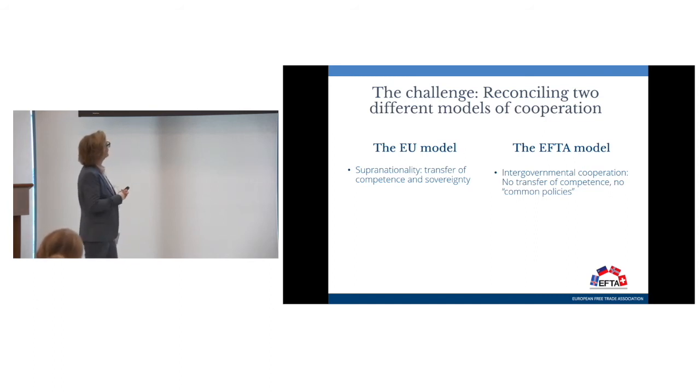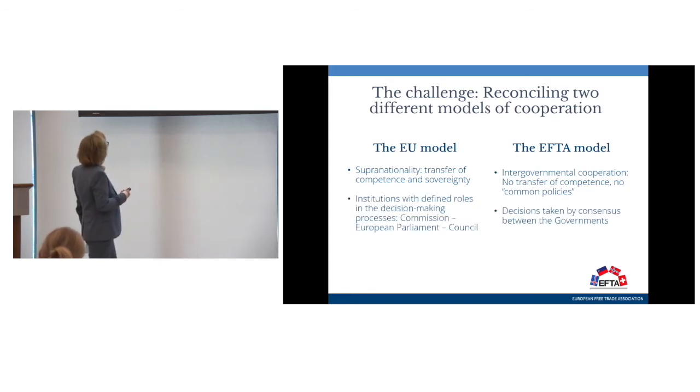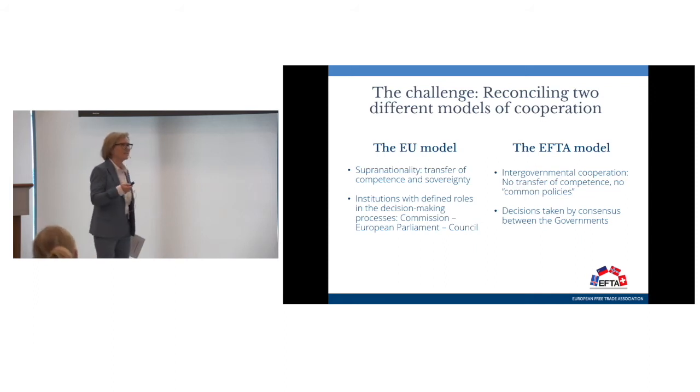And there was no transfer of competence to the EFTA institutions before the EEA agreement, and no common policies as in the EU. And the EU institutions have defined roles in the decision-making process, whereas decisions in EFTA cooperation are taken by consensus between the governments.